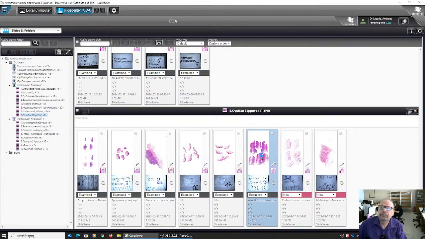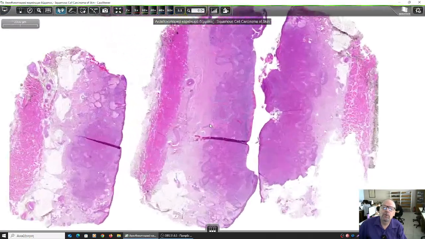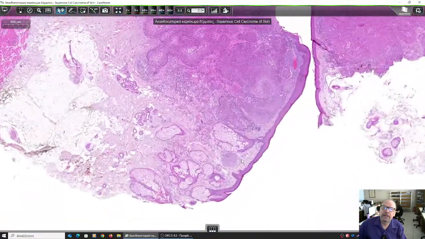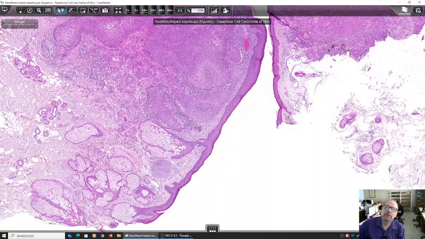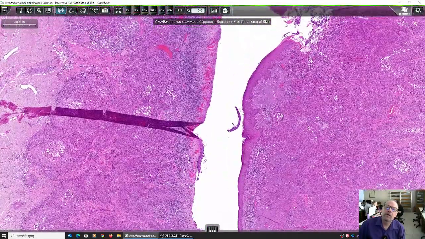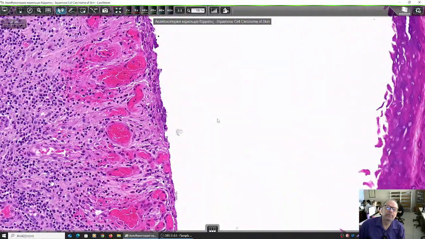Now, let's have a look here. So, now, this is the normal epidermis. And what do we see here? Oh no, this is an area. Do you see epidermis here?